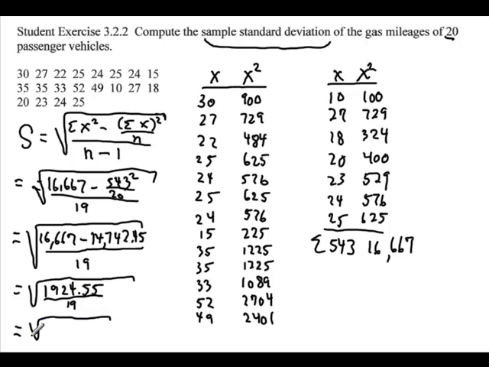And I come up with a square root of 101.29 approximately, and I'm going to round to my second decimal place right here. And I don't want to round any more than that because I still have to take the square root. Upon doing my square root, I get my final answer. And I'm going to round to the nearest whole number because my data is given in whole numbers, and that's going to be 10. So my sample standard deviation is approximately 10.